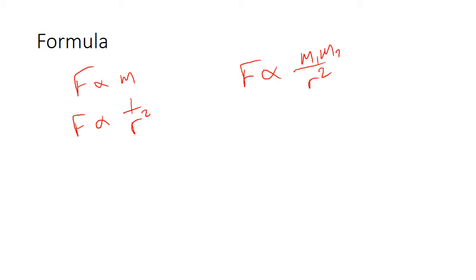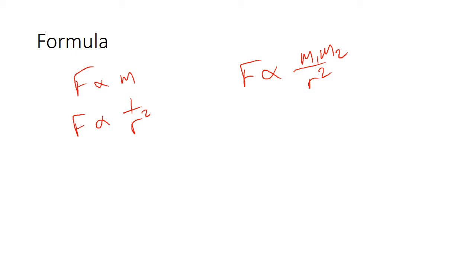What's the formula? Well, we know that force is proportional to mass, and force is proportional to 1 over radius squared. So that means that force is proportional to mass over radius squared, right? Ta-da! Now, there's two objects here, so we're going to have two m's as well.